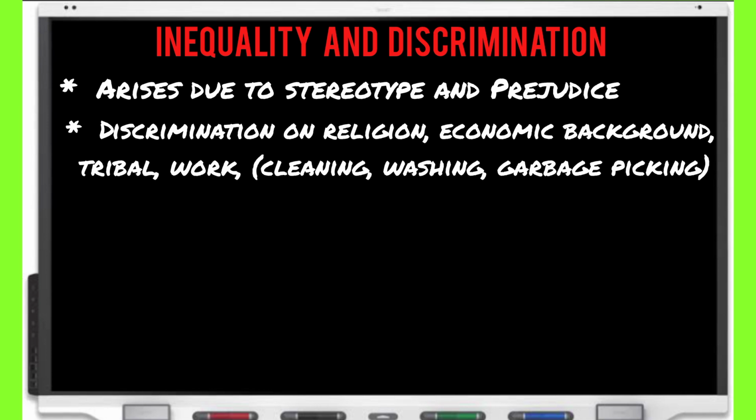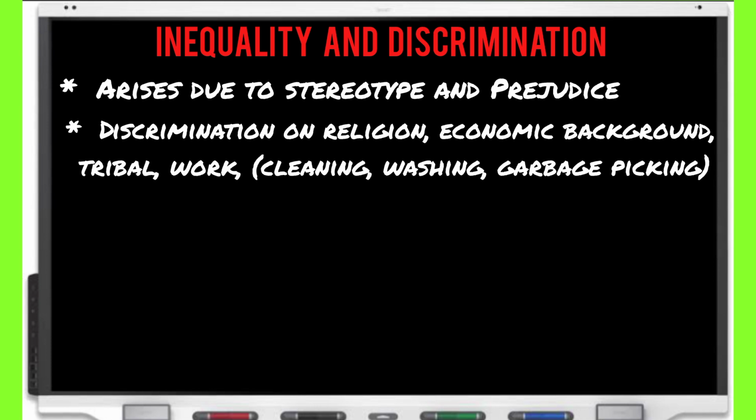It can be based on the work a person is doing, what kind of job he is doing. If a person is clearing or picking garbage, that could be considered a dirty job by some people. All this leads to discrimination and creates inequality in society.